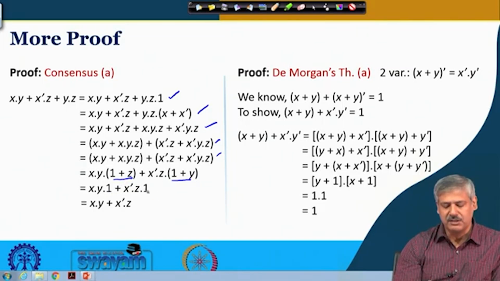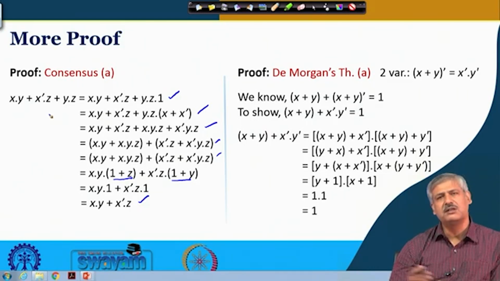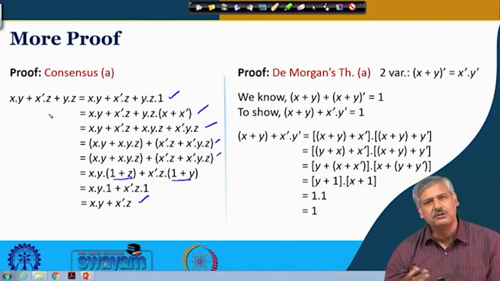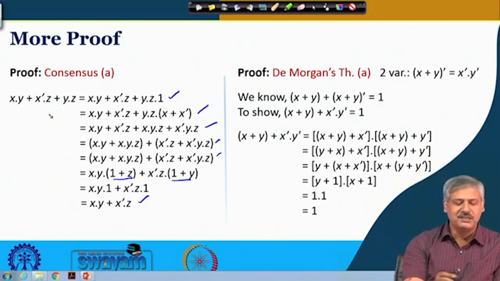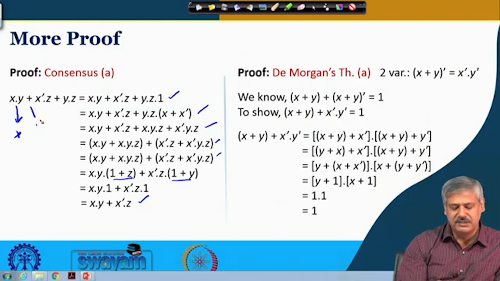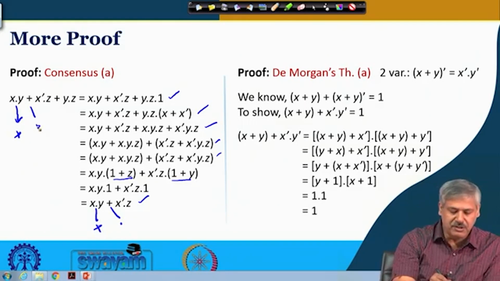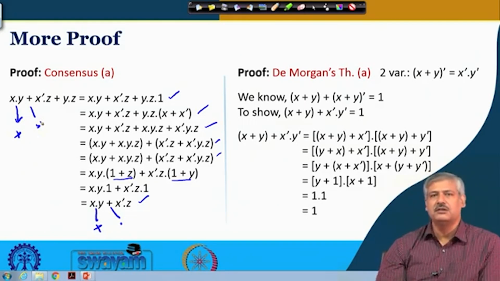From that you are getting 1, this is also getting 1, and finally you arrive at this particular version, okay, which is a simplified version of this. So this is your consensus theorem, one version, and another version you can get similarly or through duality. Okay. Through duality, just you have to change this and to or and this to and. Okay. And similarly here it will change to or, and this will change to and. So basically if you just do it that way for all the cases, you will get the corresponding version for the consensus theorem.